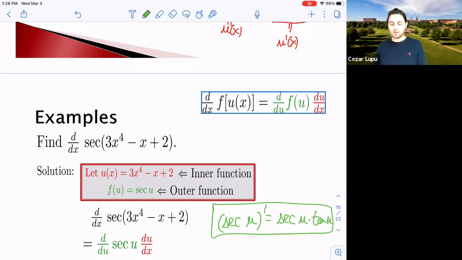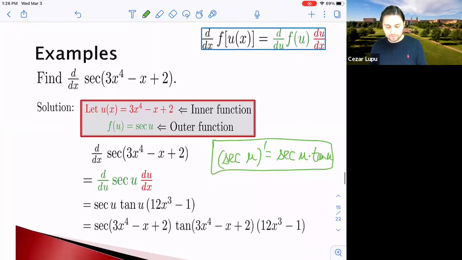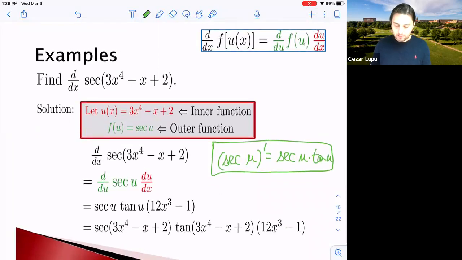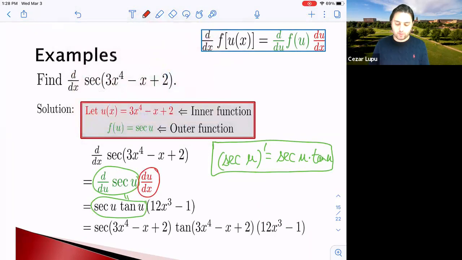Okay. All right, let's look at it here. As you can see, this guy is this guy. And also now, if you look at this, the derivative of u with respect to x will be 12x cubed minus 1, which is this guy here. And now the only thing we need to do is just replace the function.